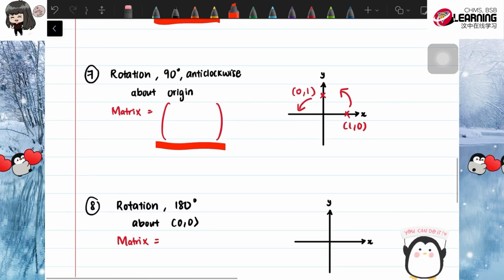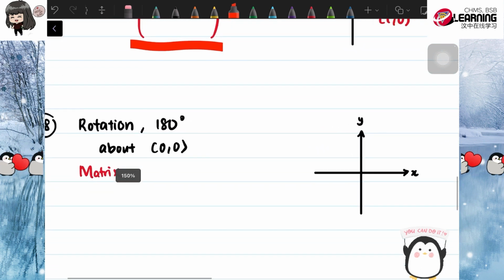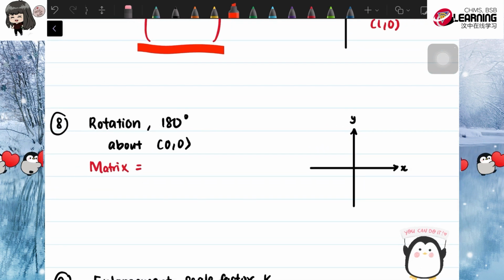Now let's go to number 8. Number 8, rotation 180 degrees about (0, 0). (0, 0) is the origin, by the way. So the standard points are (1, 0) and (0, 1).